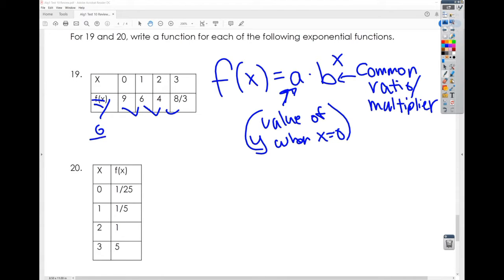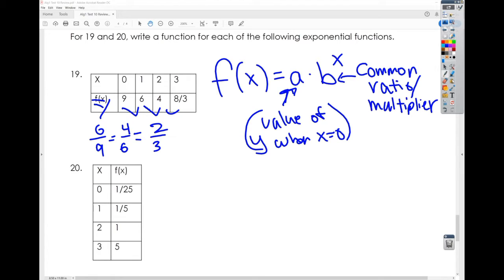So I could go 6 divided by 9, or 4 divided by 6, or 8/3 divided by 4. I could take any of these terms and divide it by the previous term. It's always got to be the previous term. And I can come up with that constant ratio, and for this problem it's going to be 2/3.